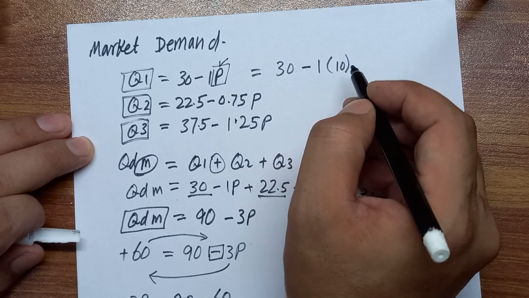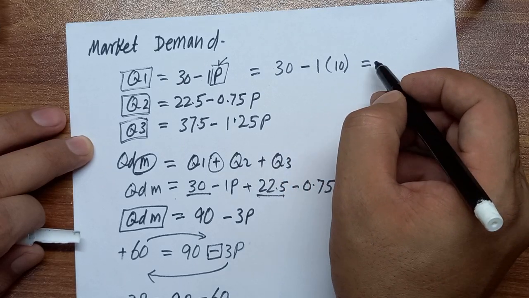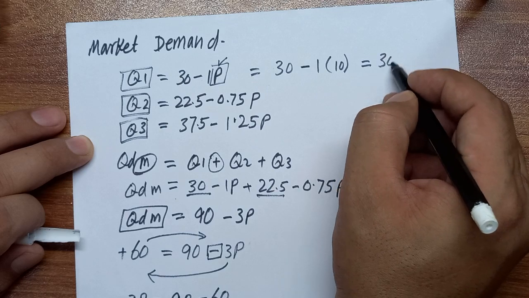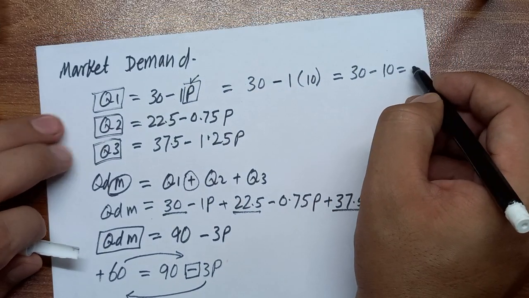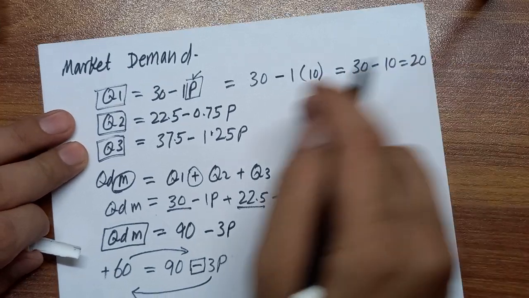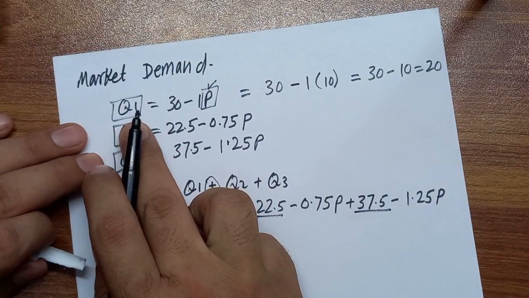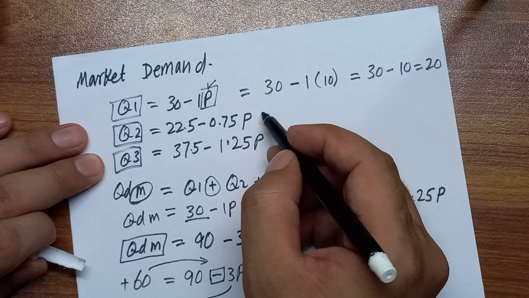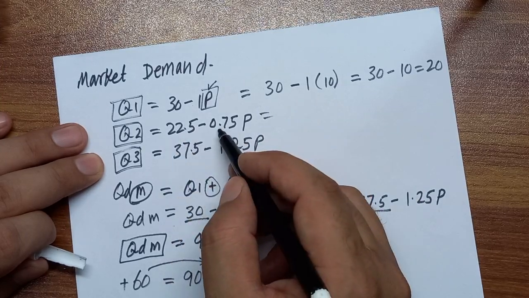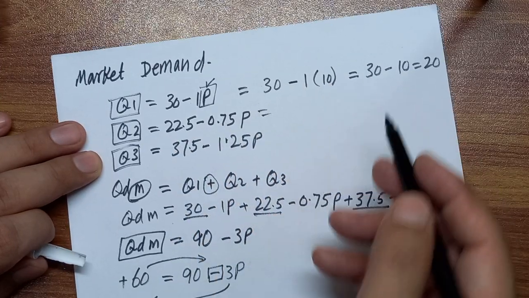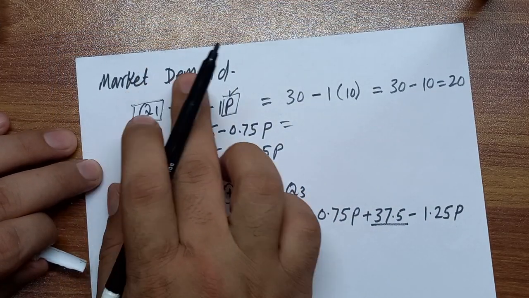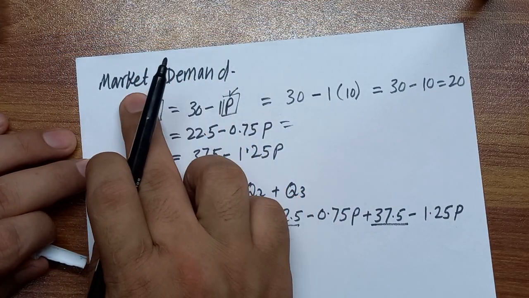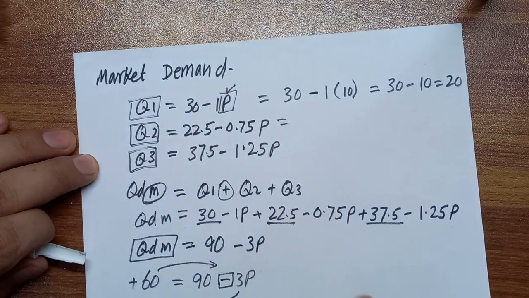The value of p is 10, so I will get 30 minus 10, which is 20. So quantity demand 1 is 20. We can also find the others with the above method. So these are the quantity demand, market demand.